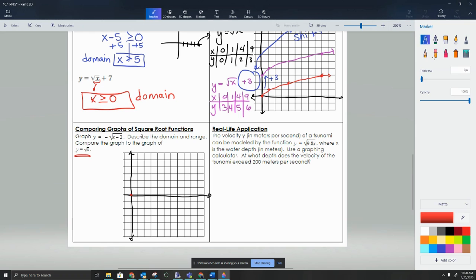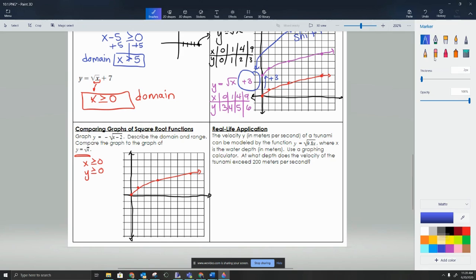So we'll put that, we got (0, 0), (1, 1), (4, 2), and (9, 3). Okay, so there's our first line. So the domain of this would be x is greater than or equal to 0, and y is greater than or equal to 0 as well. That would be the domain and range of that first one.